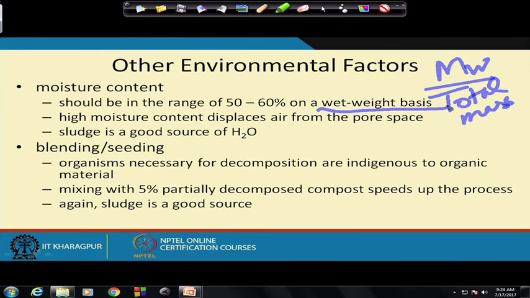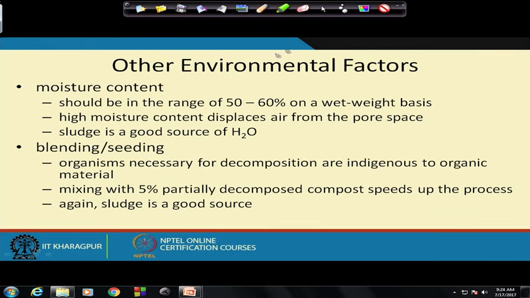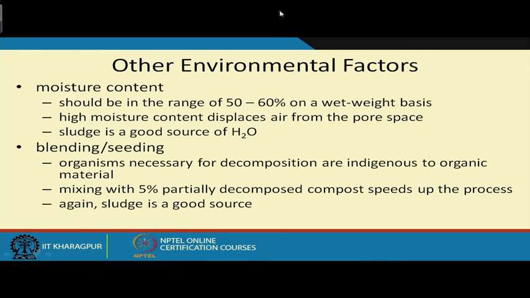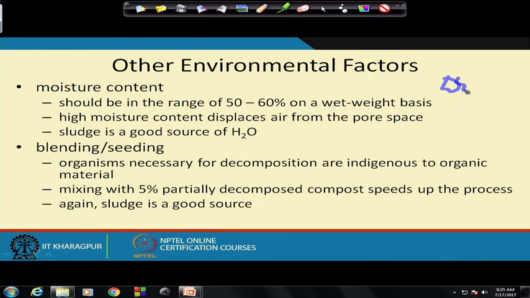So high moisture content, you don't want too much, because if all the pores have been filled up with water, you will not be able to pass air through it. If you remember, we have the waste, different components, and in between we have these void spaces.